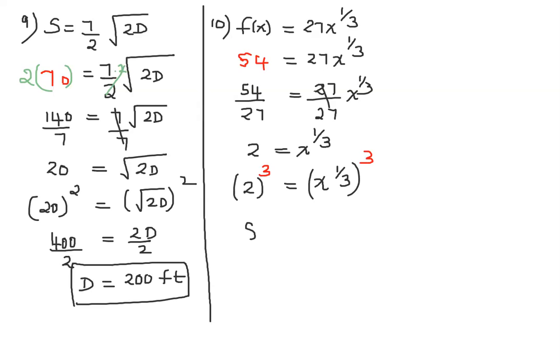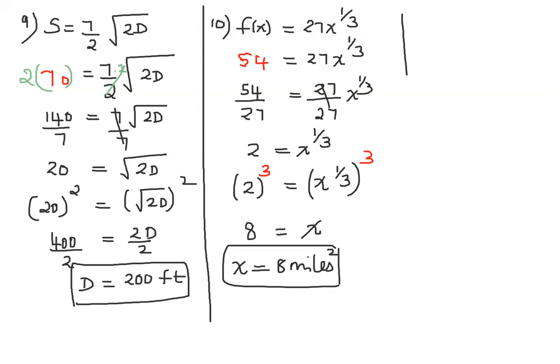So 2 cubed is 8, and then the cube gets cancelled. So it's given in terms of miles, so x equals 8 square miles, because it's the area of the island.